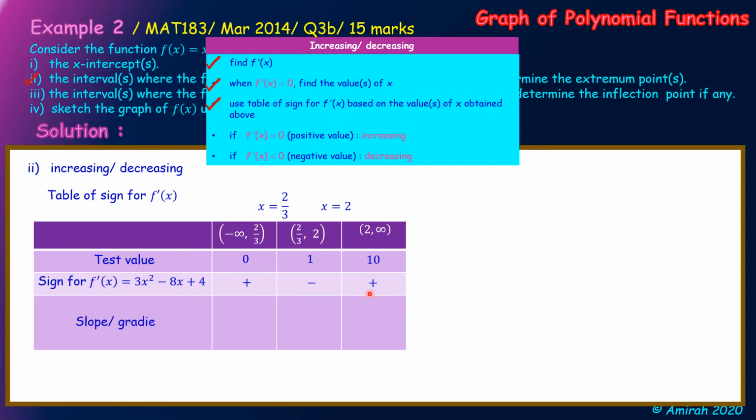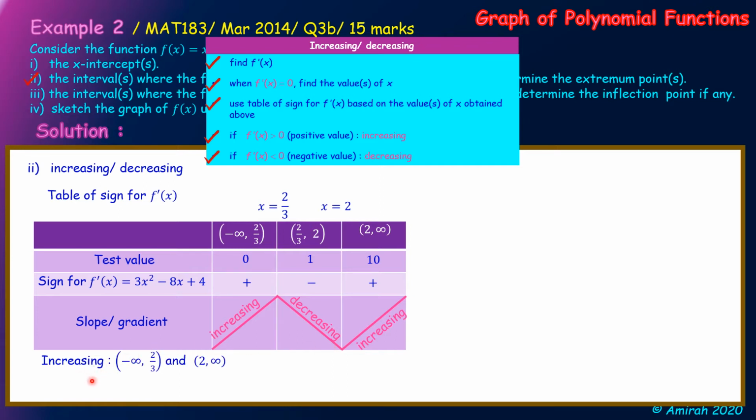Then we can determine the slope or gradient based on the sign of f prime x. When f prime x has a positive value, it means increasing, and when f prime x has a negative value, we get decreasing.